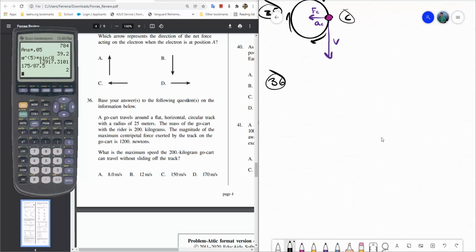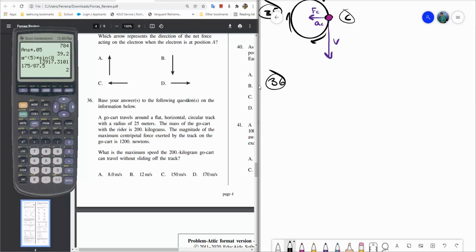Okay. Let's see. We have the mass of the go-kart and the rider, which is important, and the radius, and we have the newtons. Oh, okay.